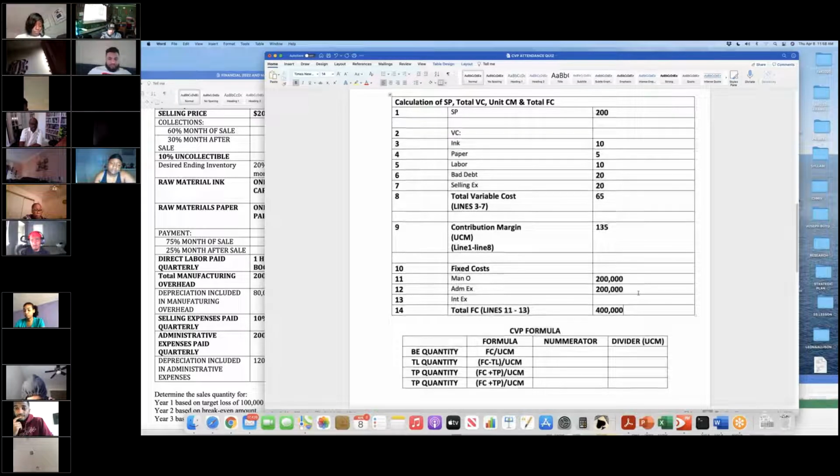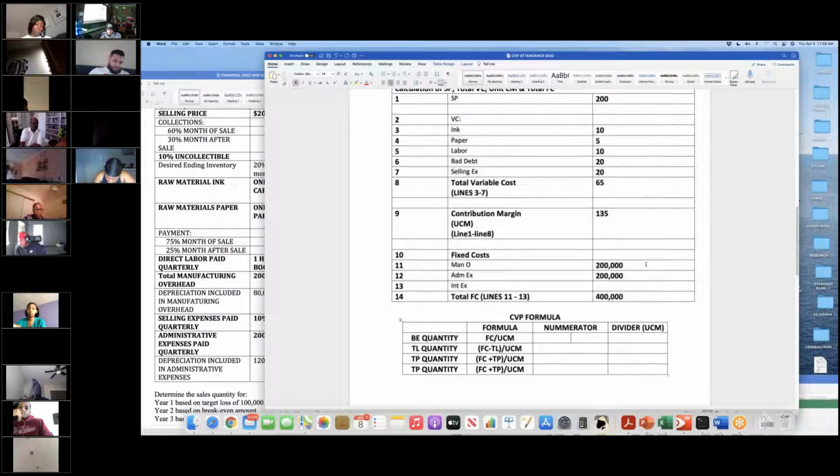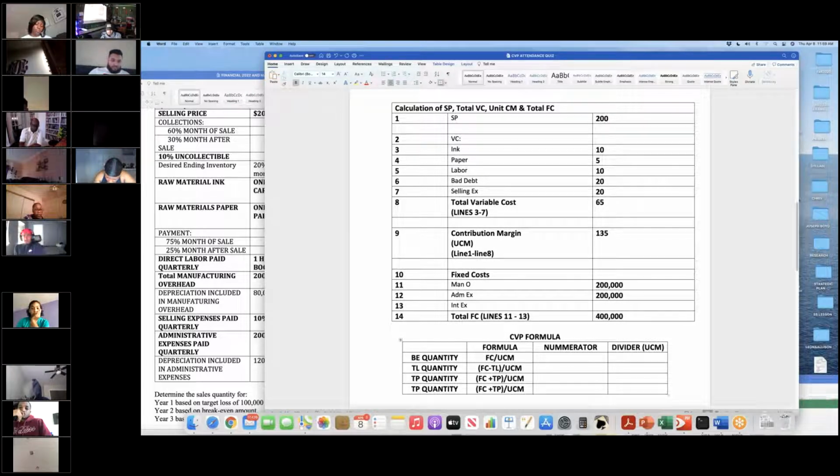So once we get to this point, there's no problem, correct? Could you run through that next point though, just for clarification? All right. For break even, our numerator is going to be what? The fixed cost, 400,000. We're going to divide by what?